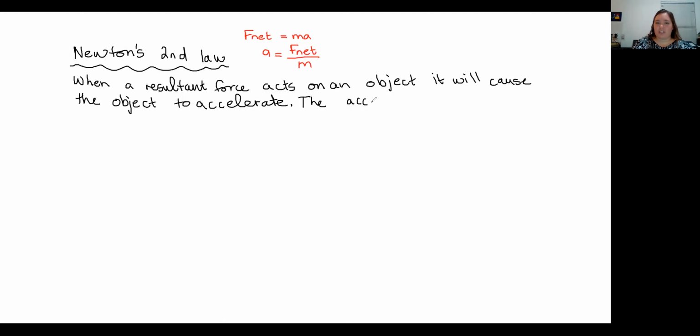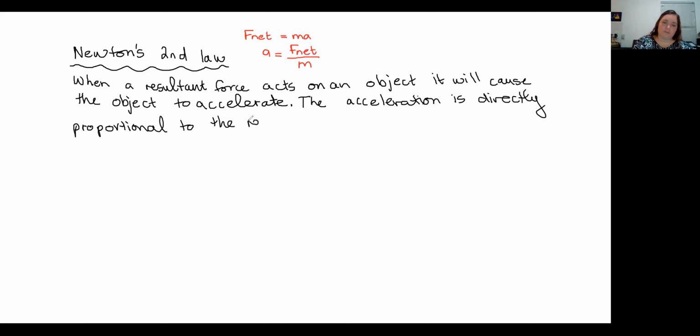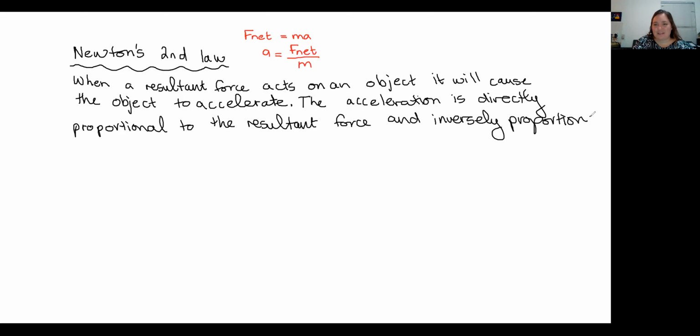The acceleration is directly proportional to the resultant force and inversely proportional, that is spelled right, to the mass of the object.